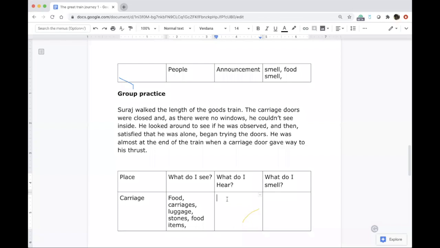Okay, we'll go to the next example. Maybe Zubeda can answer here. What do I hear inside a carriage? Can Yogita tell me an example? What do I hear? Srinivas?